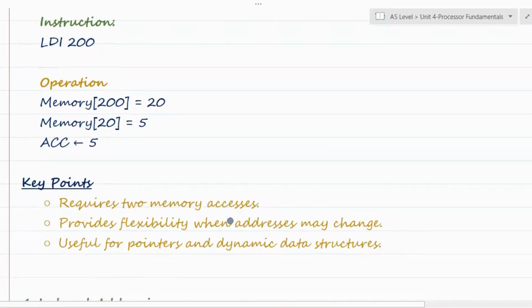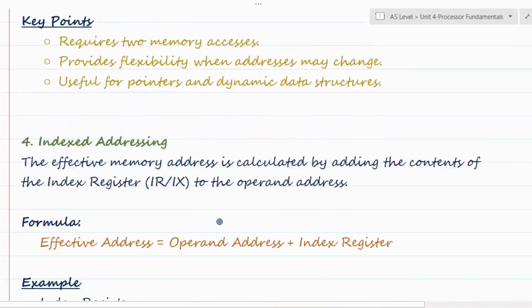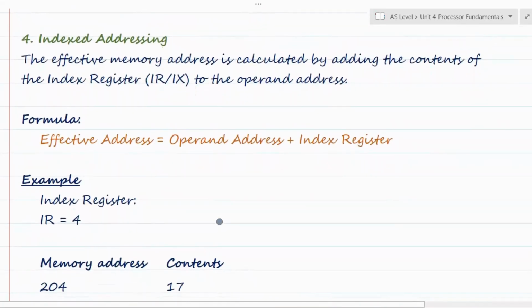So here, the CPU requires two memory accesses, offers flexibility because addresses can change, and is commonly used with pointers and dynamic data structures. Now let's talk about indexed addressing.